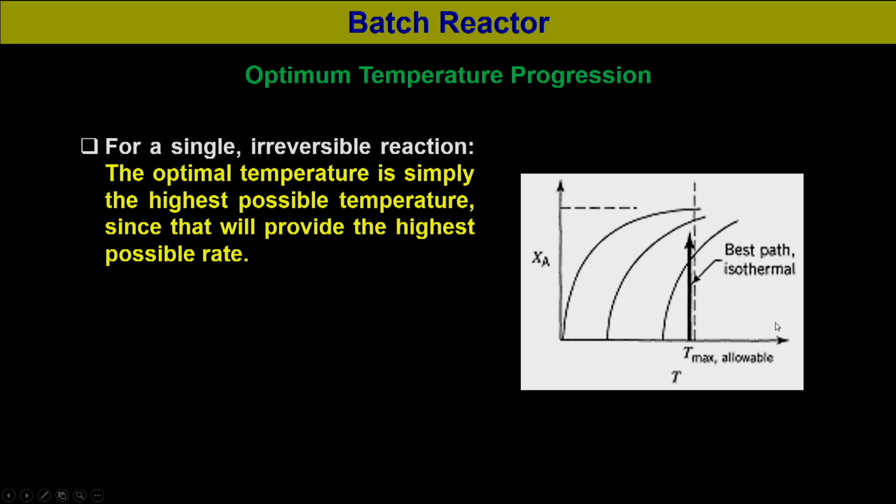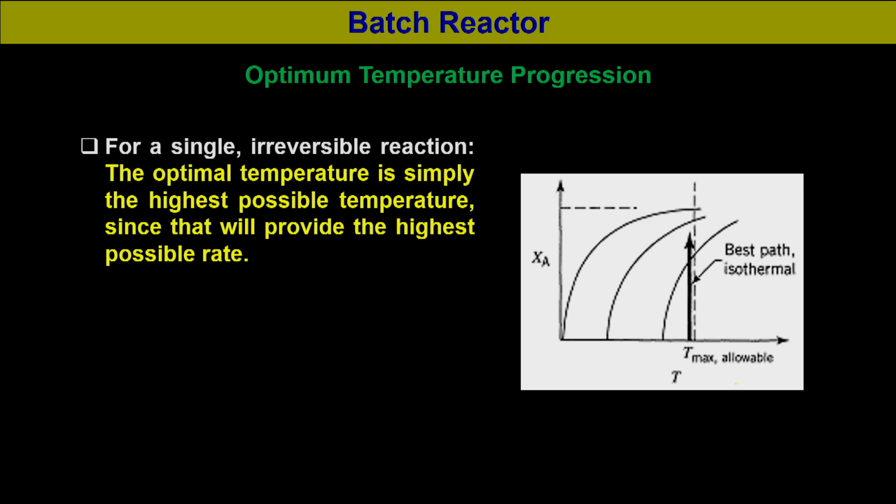But the maximum allowable temperature will be determined by other factors, like how much temperature the reactor can withstand, or whether the product degrades at that temperature. So, we have to run below the temperature at which the product or reactant degrades.